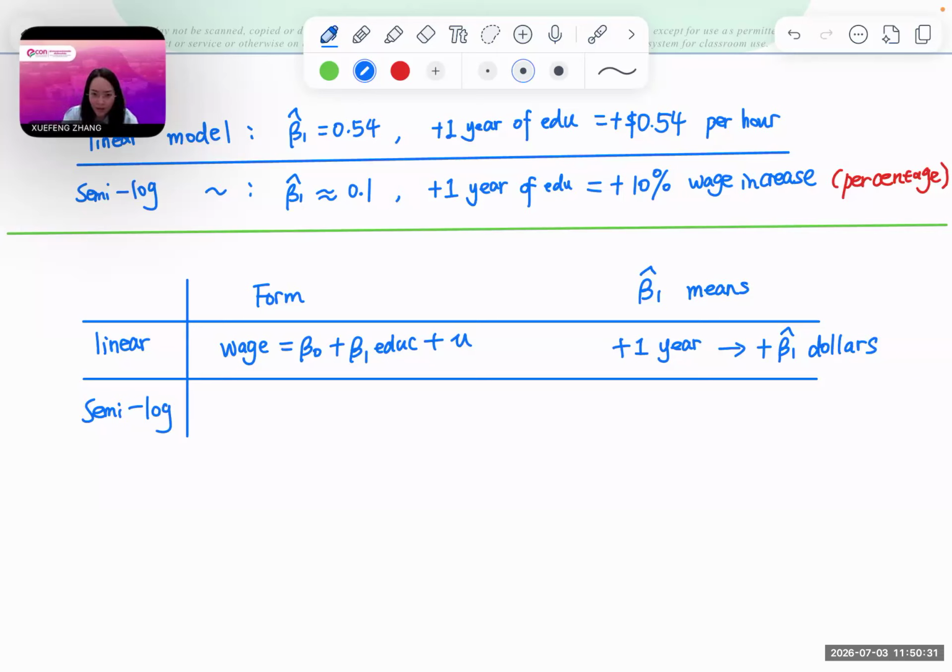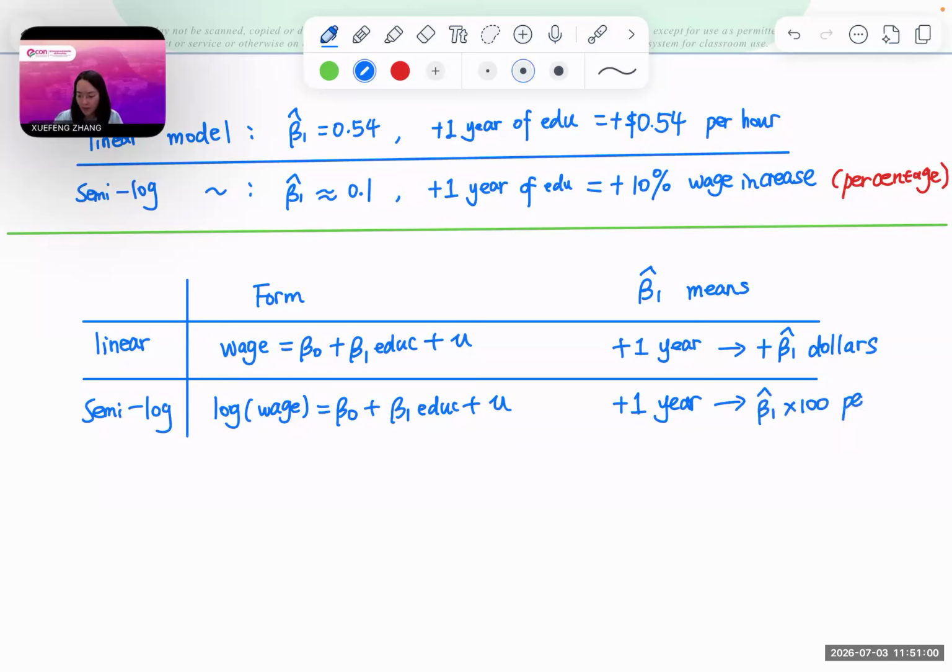And next one, semi-log. So here's log wage, which is beta 0 plus beta 1 education plus mu. What does beta 1 hat mean here? Plus 1 more year gives you beta 1 hat times 100%. Okay?